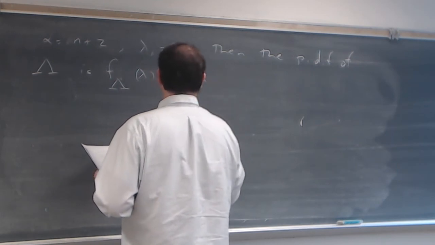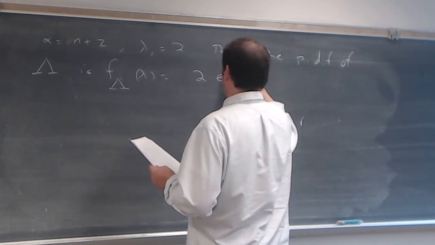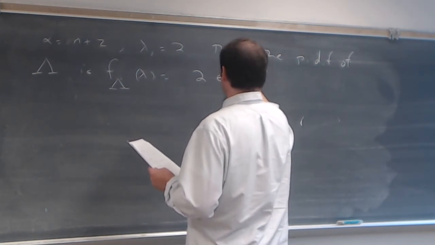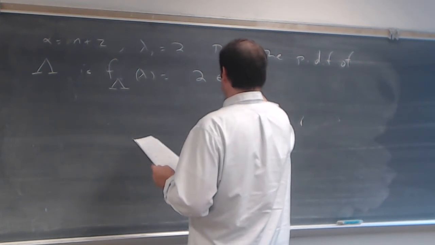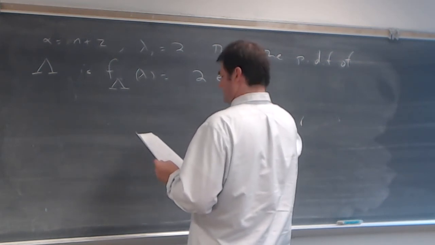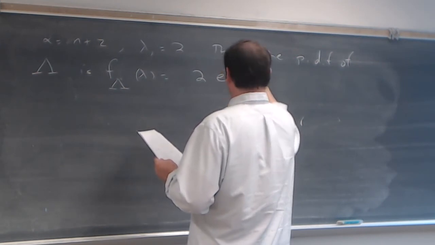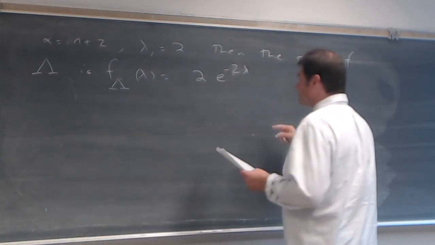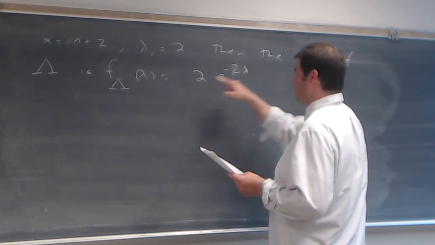We write down lambda sub 1, so it's 2 times e to the minus lambda sub 1 times the input variable, which is lambda, so that's minus 2 lambda.